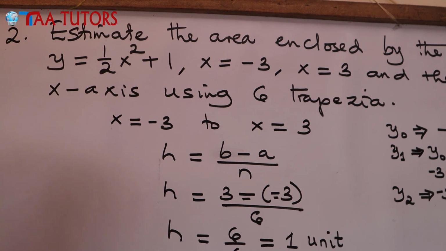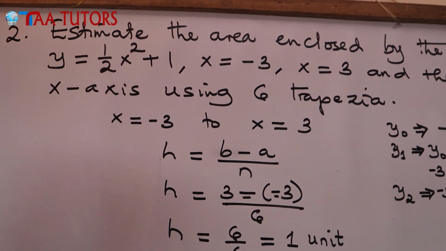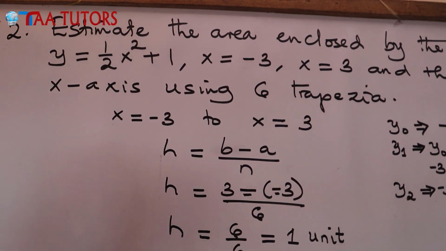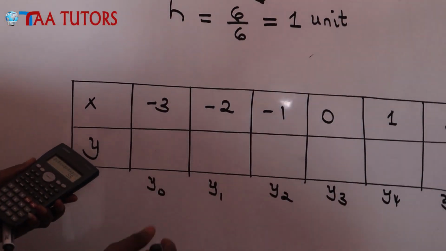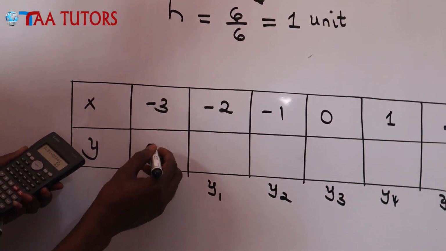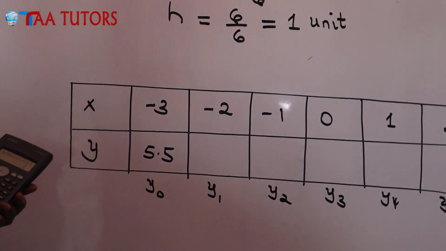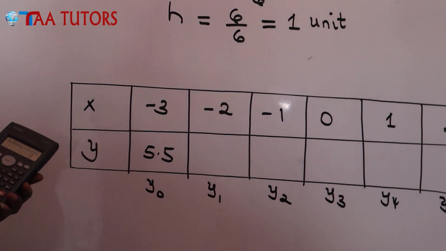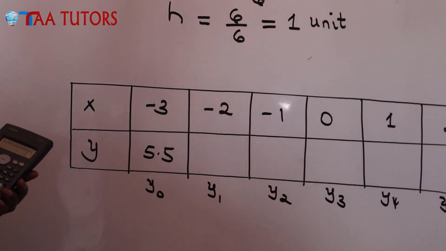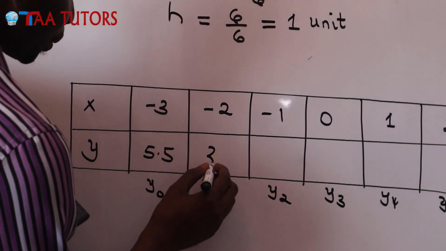And there our curve is, so we are going to estimate negative 3. So half times negative 3 squared plus 1. That is 5.5. Then we are going to get a half times negative 2 squared plus 1. That is 3.